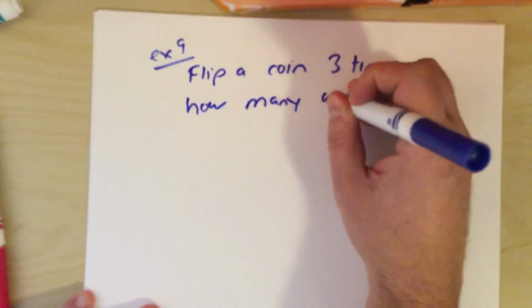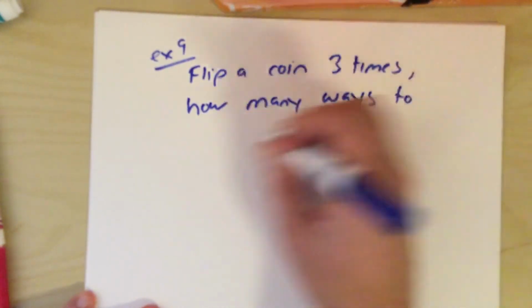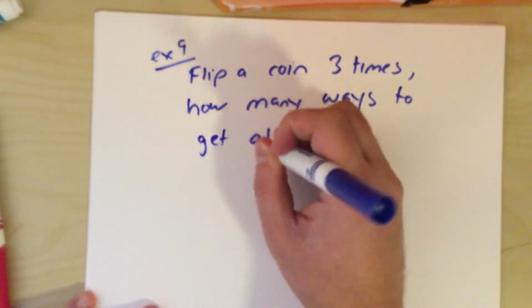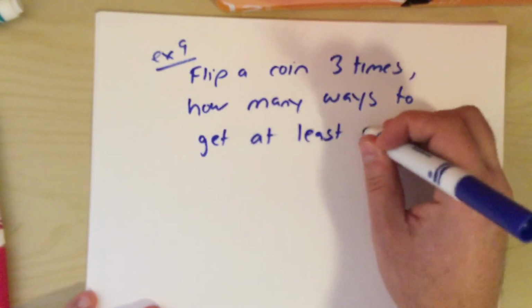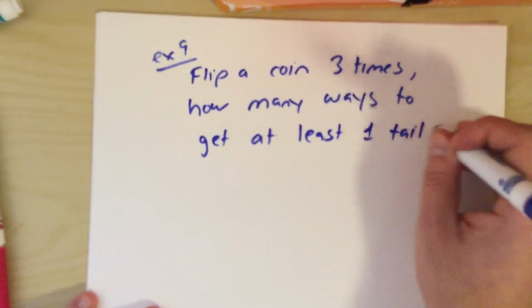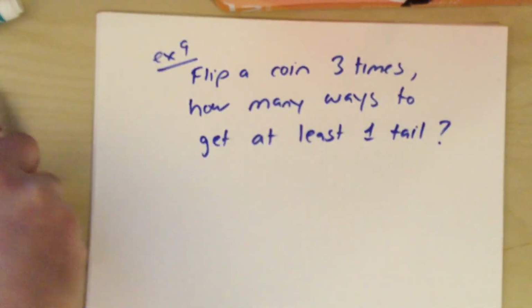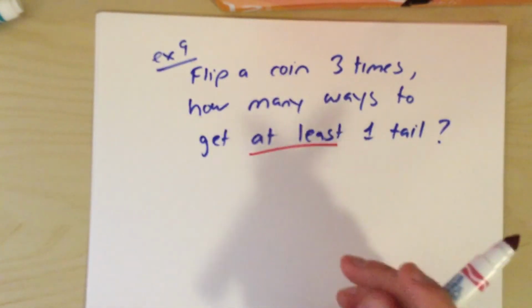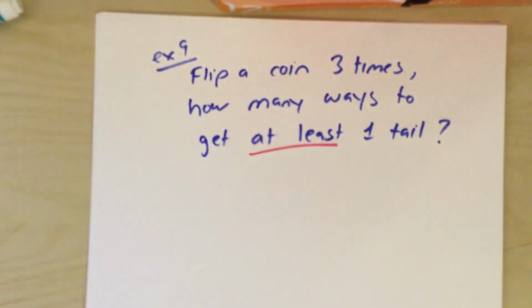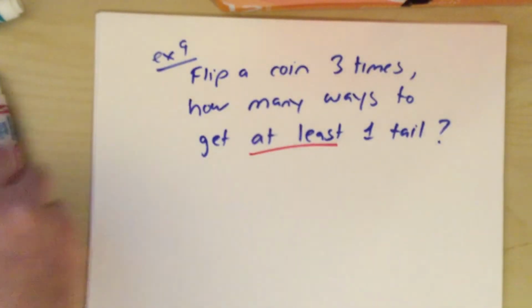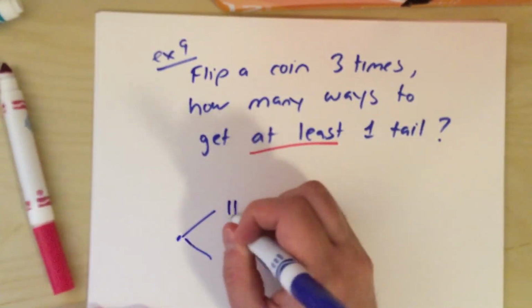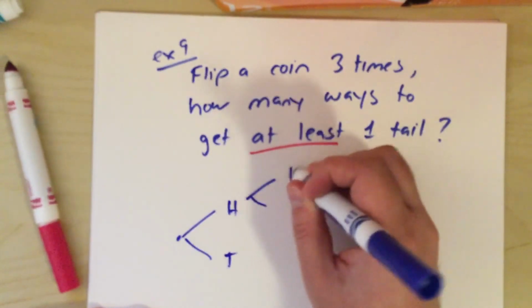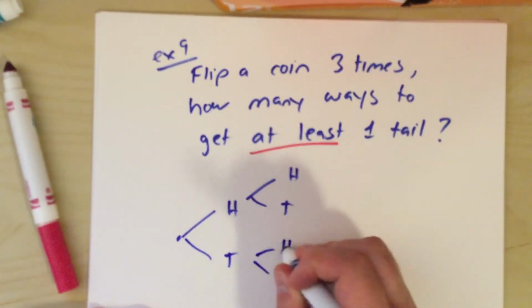How many ways to get at least one tail? Now, at least, of course, is the danger word. So, one way of doing it is we could draw the tree diagram for flipping a coin 3 times.